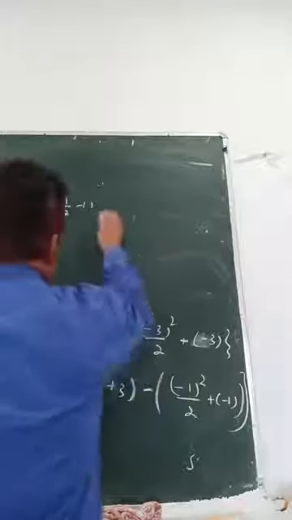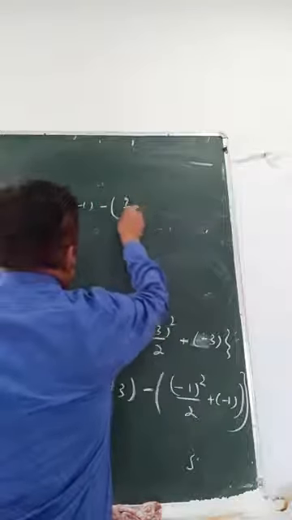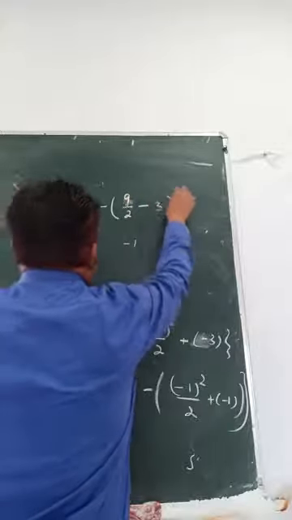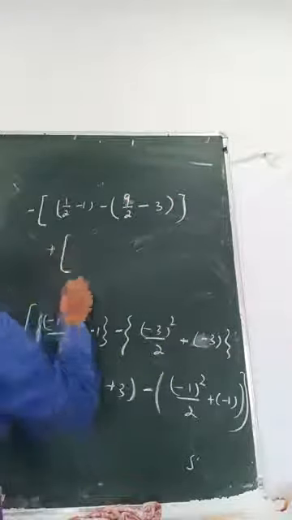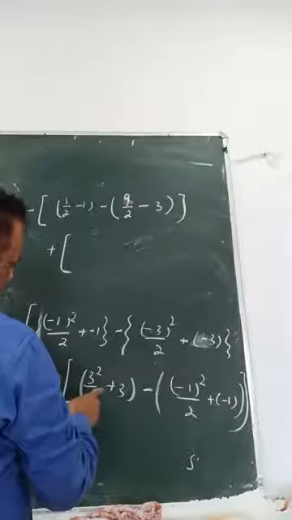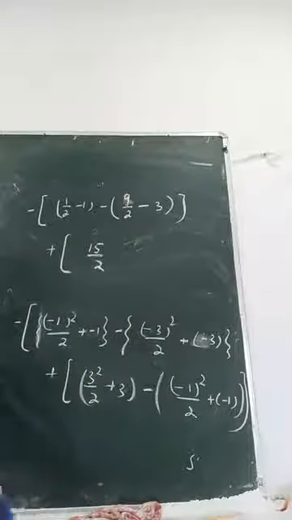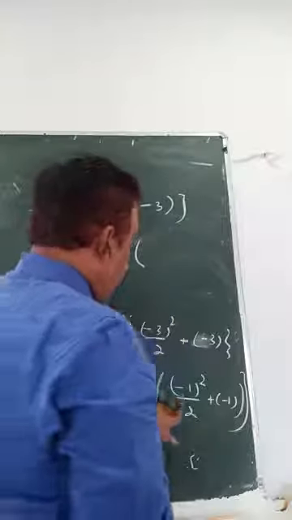Then minus 9 by 2 minus 3. Then plus 9 square by 2, 9 by 2. 6, 9, 15. 15 by 2, minus, this is 1 by 2 minus 1.